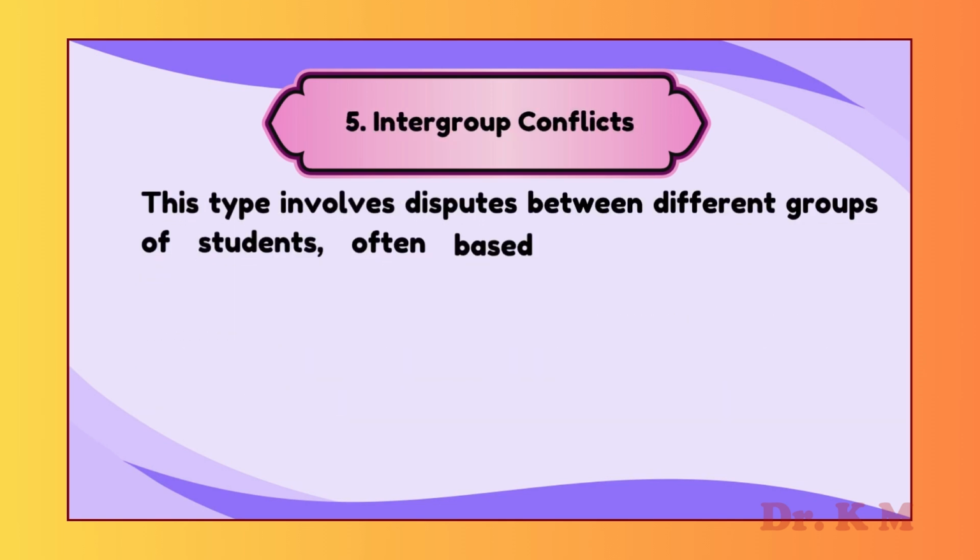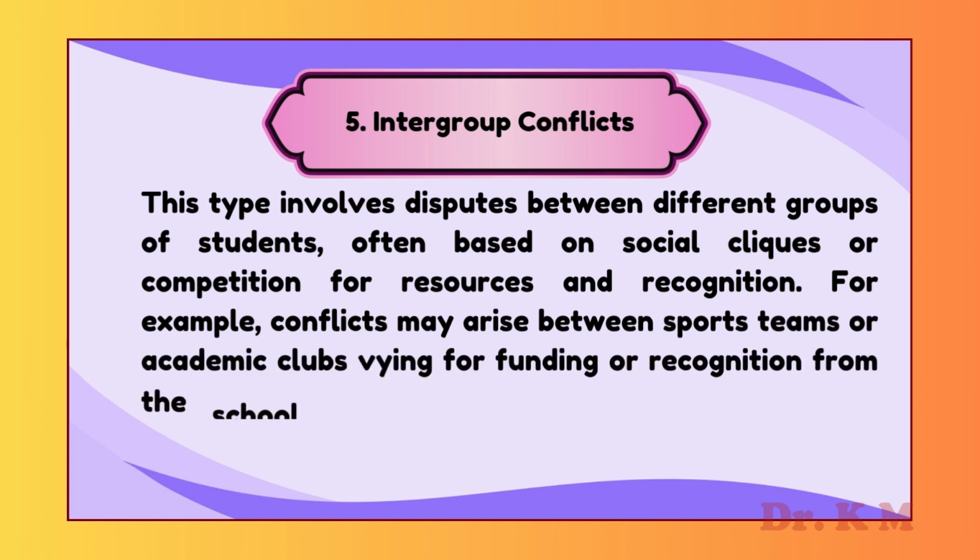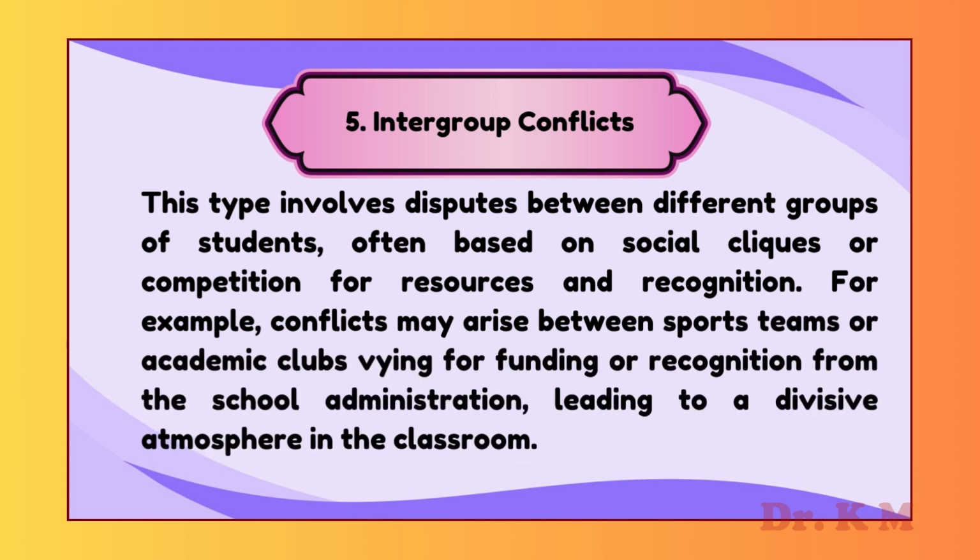Intergroup conflicts. This type involves disputes between different groups of students, often based on social cliques or competition for resources and recognition. For example, conflicts may arise between sports teams or academic clubs vying for funding or recognition from the school administration, leading to a divisive atmosphere in the classroom.